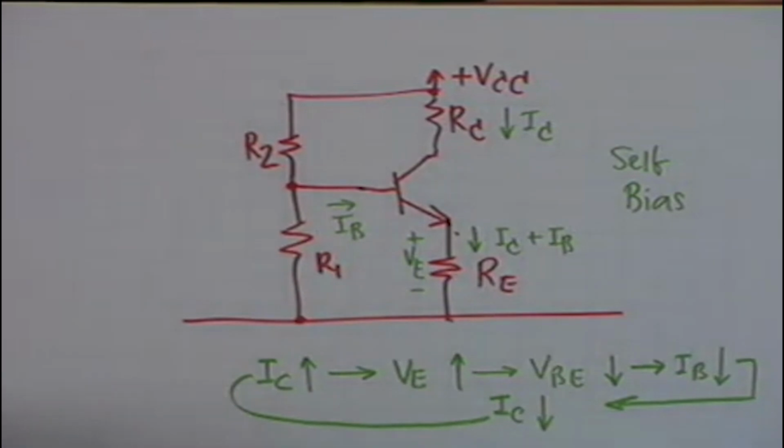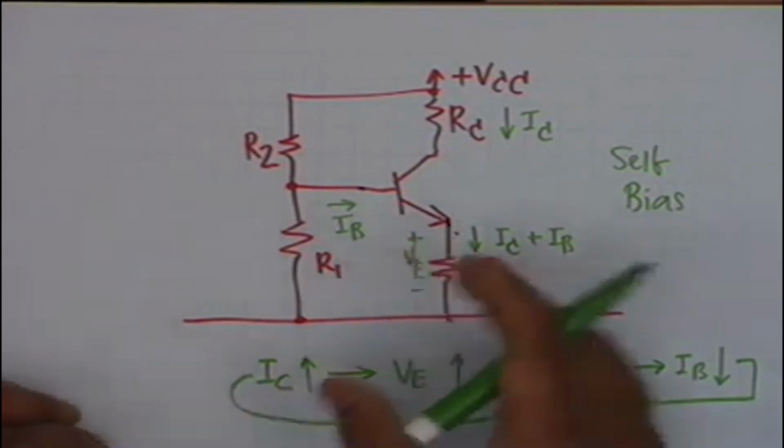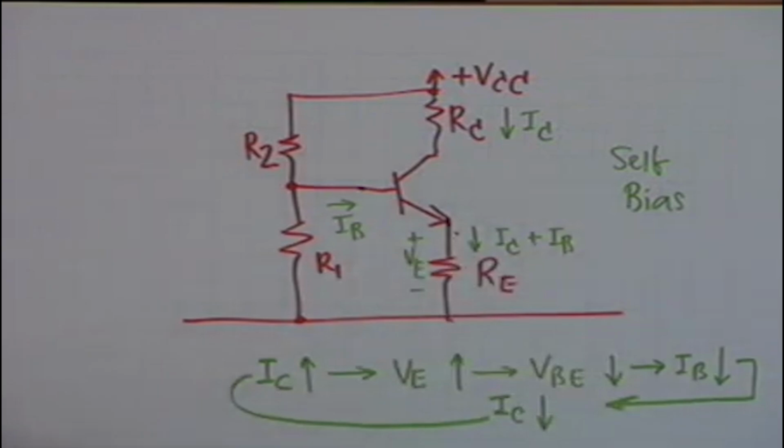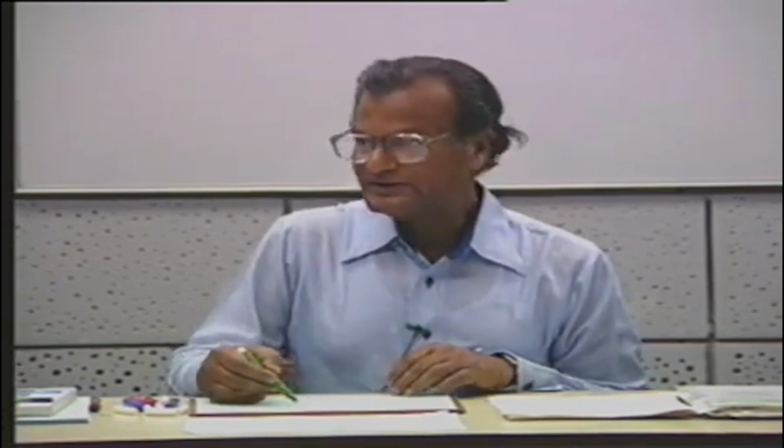Quantitatively, in order to calculate the values of the resistances and what values of resistances should be put to get a proper operating point, the Q point as we call it, with stabilization of the operating point irrespective of changes of temperature, irrespective of replacement of transistor.